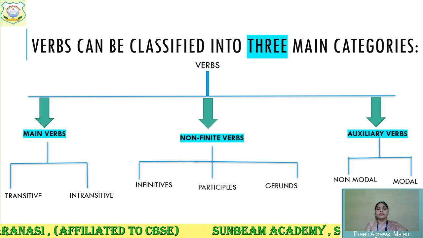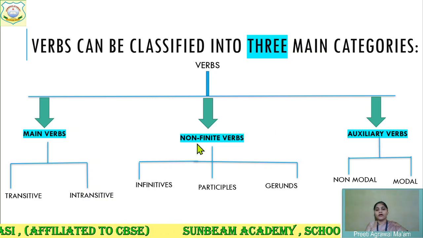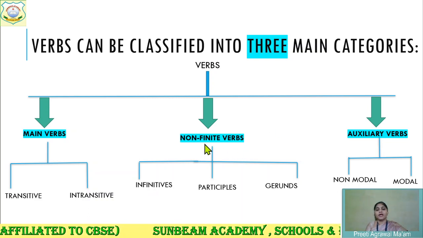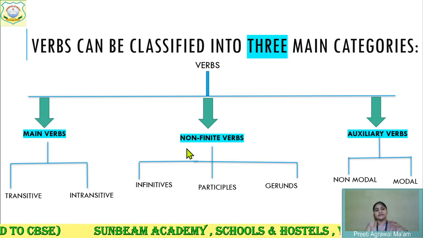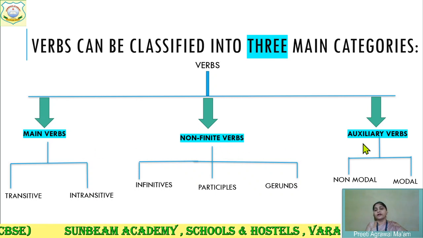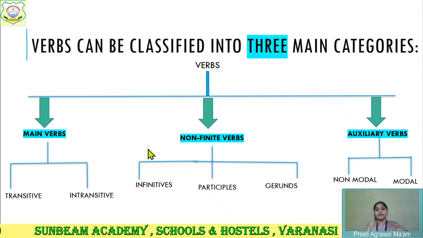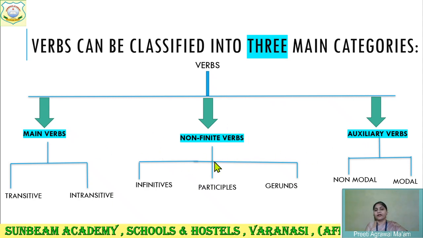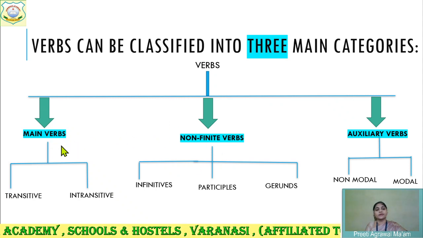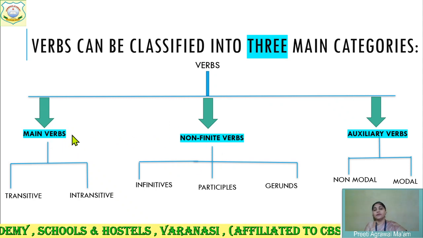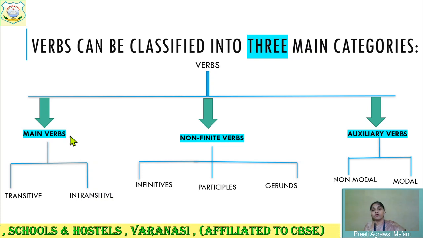So here what we have to study about non-finite verbs. But these verbs are also important for you to understand, otherwise this non-finite verb will not be clear to you. So if you have understood what is main verb, means main verb has 3 forms.